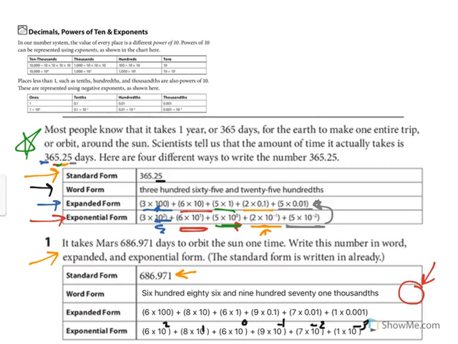This would look like this, where you have 6 times 10 to the second equal to 100, plus 8 times 10 to the first, 10 to the first is 10, plus 6 times 10 to the 0, no sets of 10 there, just 1, plus 9 times 10 to the negative 1, we're on the right side of the decimal point now, so our exponents become negative, plus 7 times 10 to the negative second, we're in the hundredths, so negative, and 2, and then we have 1 times 10 to the negative third, thousandths, so we are to the negative third. So when you see something like this, you know how to label using standard, word, expanded, and exponential form.